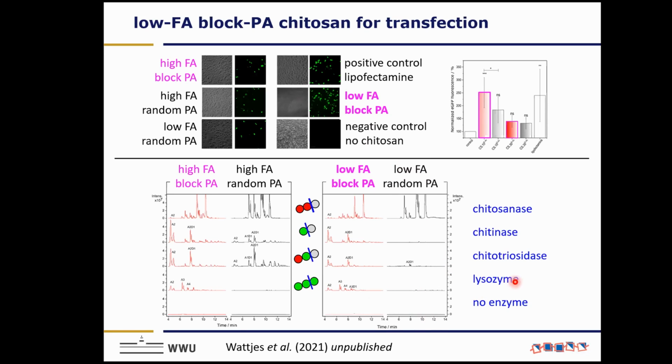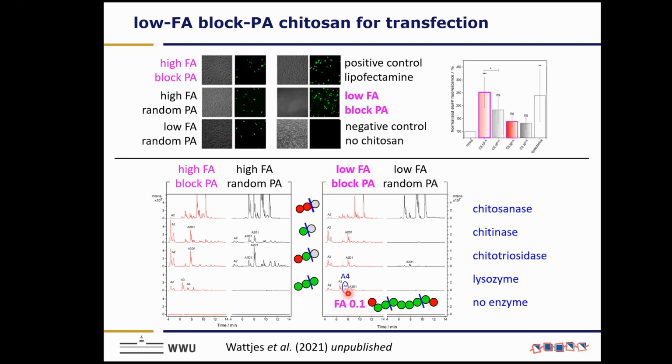Lysozyme is especially interesting because it requires three consecutive acetylated residues for a single cleavage. If you have a chitosan with a fraction of acetylation of 0.1, three acetylated units next to each other is not very frequent. In fact, you really need seven acetylated units in a row to produce this A4, the fully acetylated tetramer.